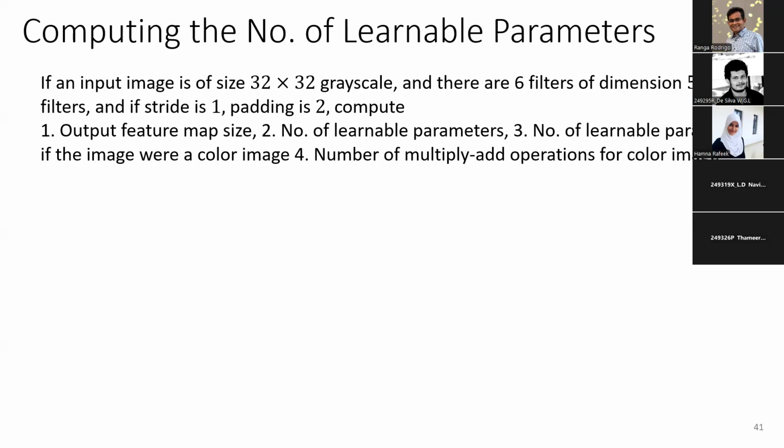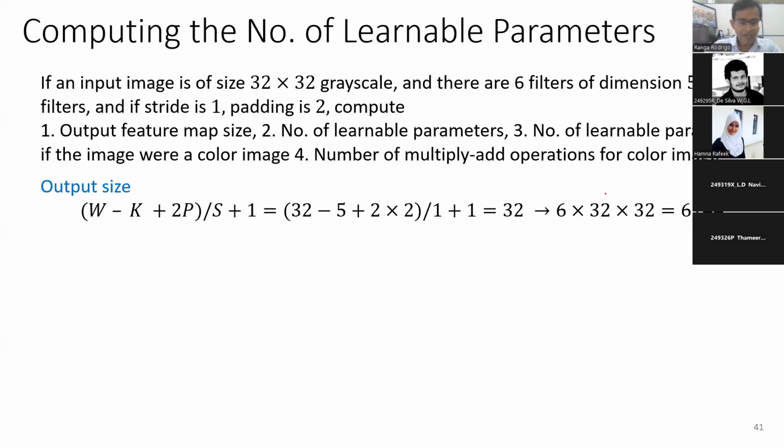Okay, here are the answers. So output size will be W minus K plus 2P divided by stride S plus 1. Padding is 2. Input size is 32. Kernel size is 5.